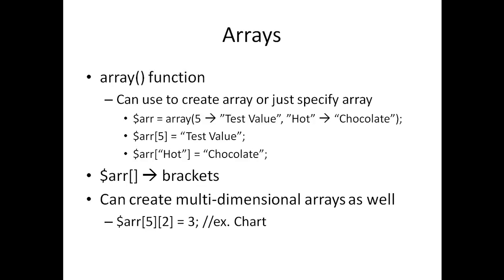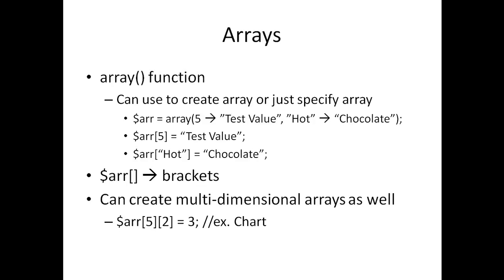Then you have specifically referencing array index 5 equaling test value, or array index hot equaling chocolate. Okay, so remember the brackets. The brackets are what determine that it's an array, and you can also create multi-dimensional arrays. If you have a horizontal and vertical element that you want to specify, you can do that with the brackets. I don't know if in the latest PHP there's a limit to the number of dimensions you can have. You probably don't want to go beyond 3.